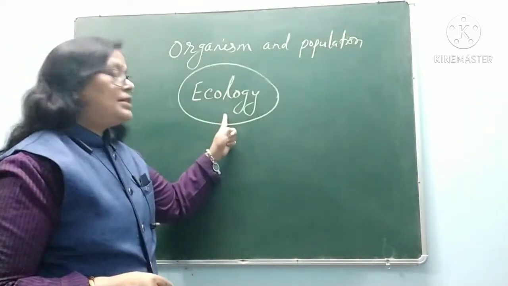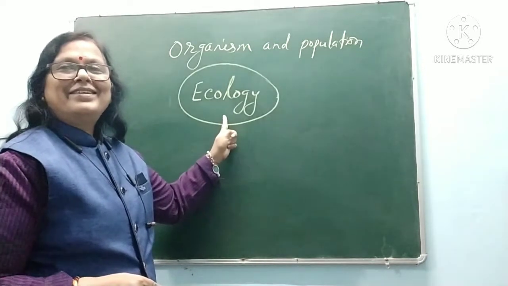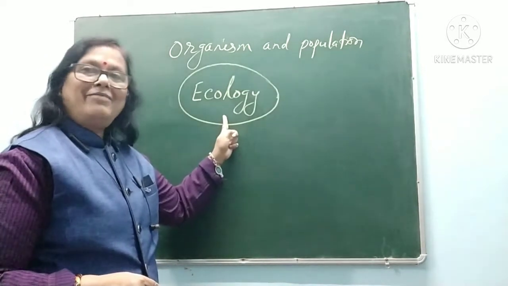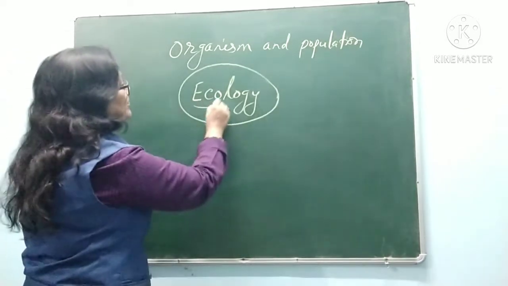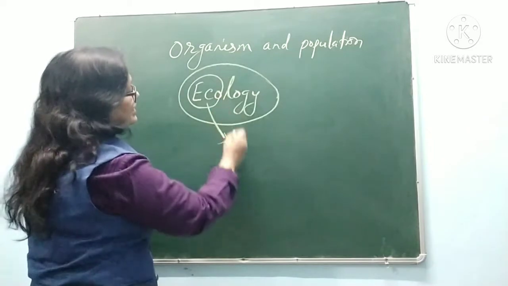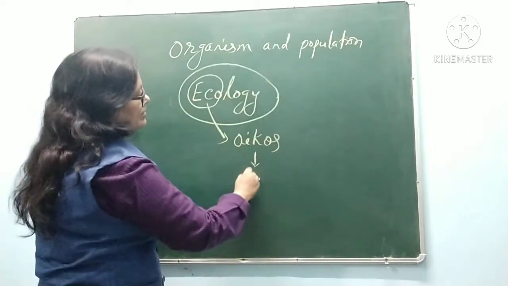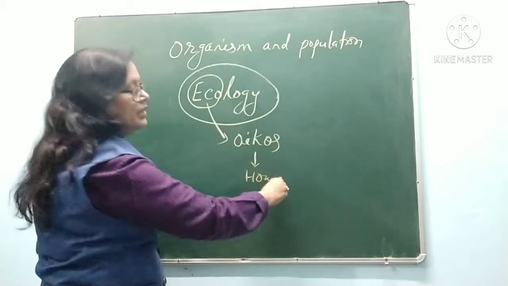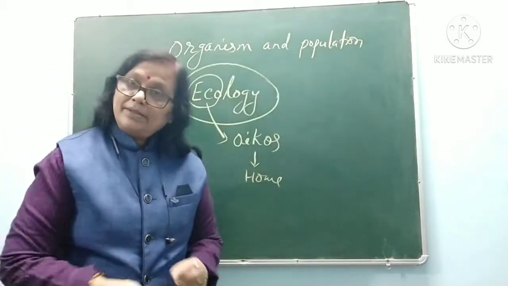And ecology is the study of home, the study of our environment. What does environment mean? Suppose you are going to say eco, it means oikos, and oikos means home. What do we do in our home? We interact with other persons.